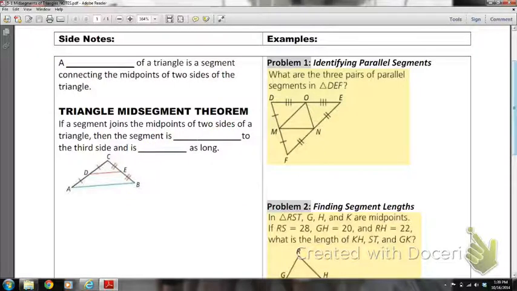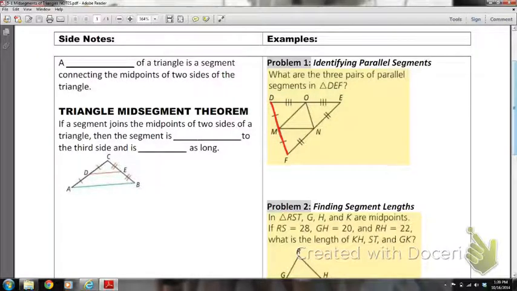In problem 1, it wants you to identify the 3 pairs of parallel segments in triangle DEF. So looking at the congruence markings on the sides, you can see that point M is the midpoint of side DF.